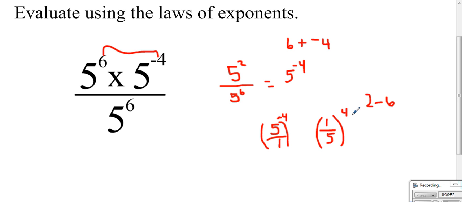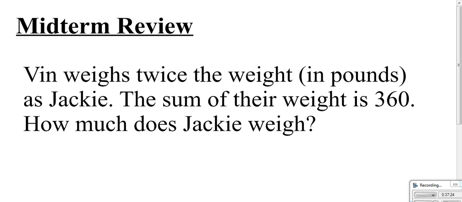So it's 1 to the 4th power, which is 1, and 5 to the 4th power, which is 625. And that is your final answer. Okay? So that's what you do, and it is definitely tricky. But remember, this does not go for negative exponents in scientific notation. All right? So that's it.